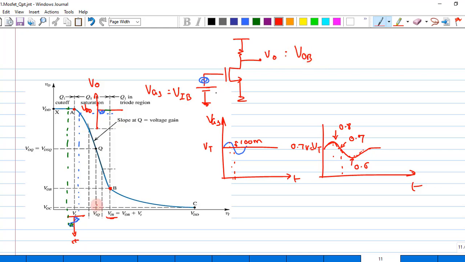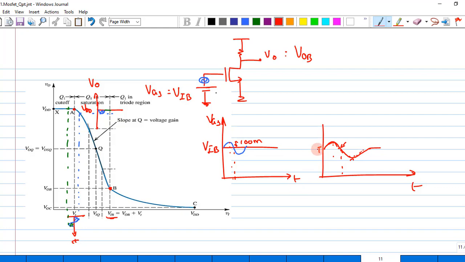Now on this value of VIB, I'm trying to add a small wiggle around this particular point, and the combination of both this DC and the small signal would then have this kind of variation at its output. Obviously this value of VIB is not equal to 0.7, but more than that.